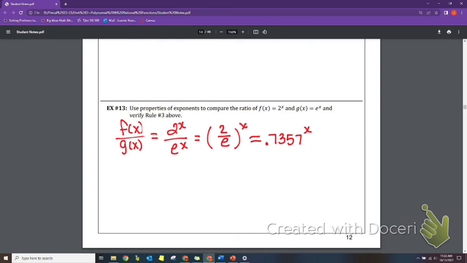And so as my x is going to get bigger and bigger, because this number is between 0 and 1, this is going to get smaller as a whole. So as x goes to positive infinity, our f divided by g of x is going to go towards 0.